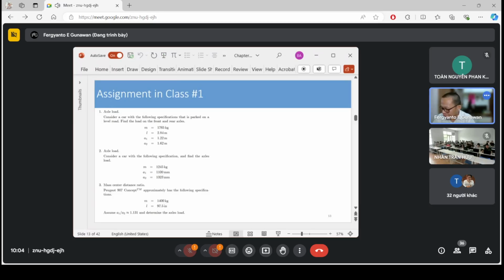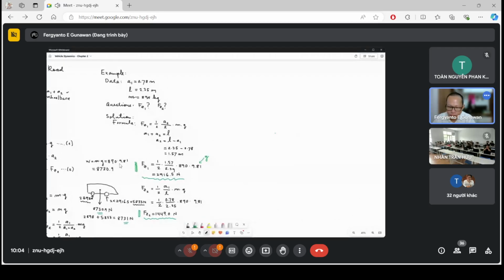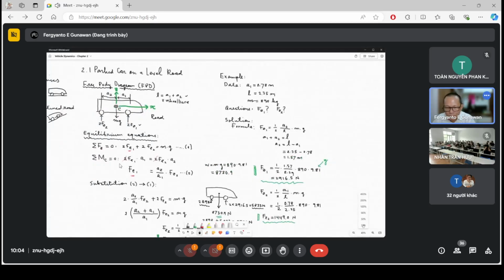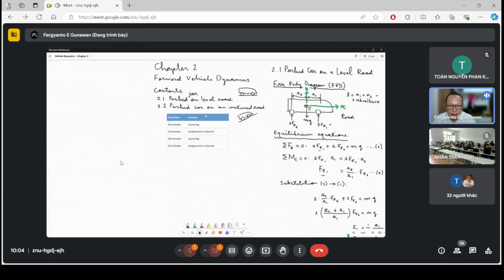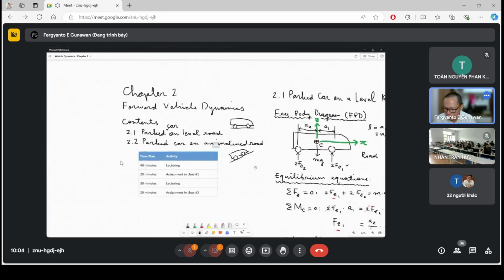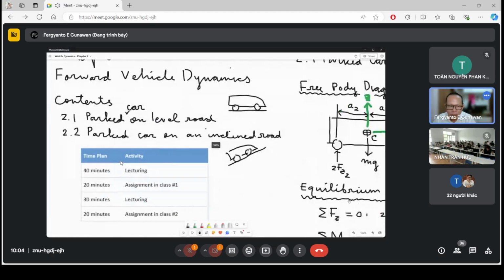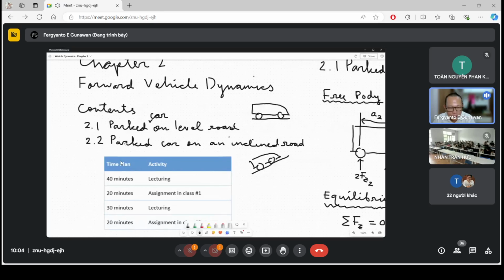Okay, now let's move ahead to a different topic. Previously we mentioned that we are going to discuss two things. The first is a vehicle in the parking position. There is no movement, and the road is level.